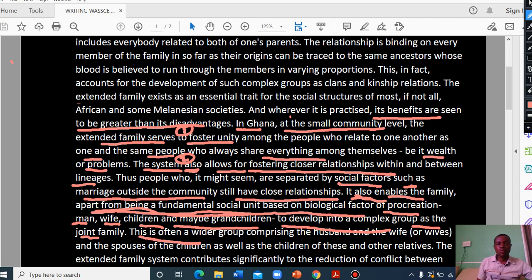This is often a wider group comprising husband, wife or wives, their children, as well as children of these and other relatives.